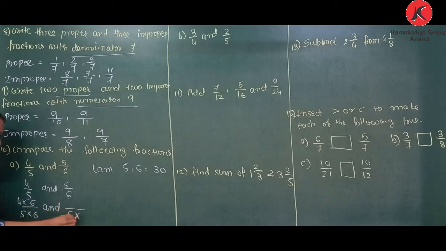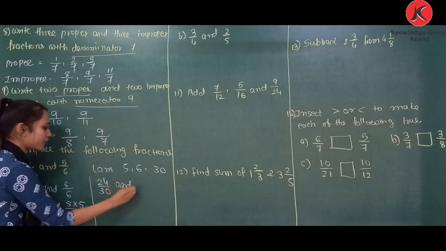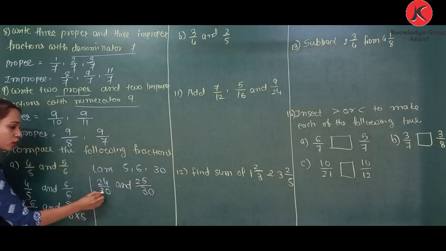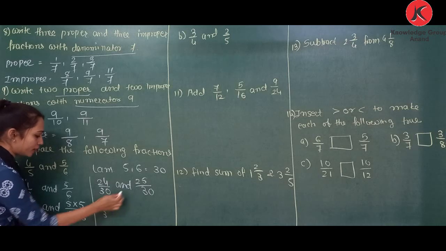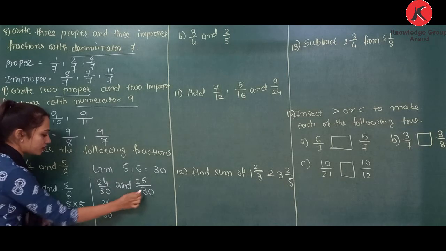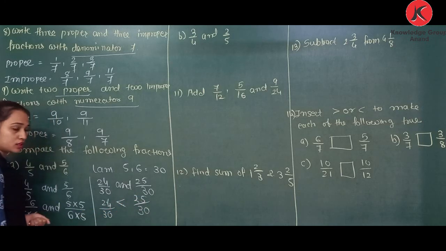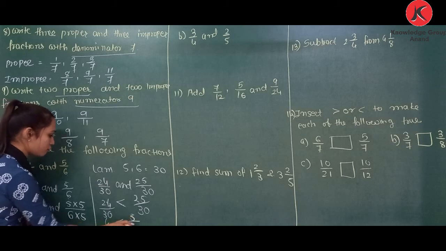To get 30 here we need to multiply 6 with 5, so the same number we should multiply in the numerator. Now 24 by 30 and 25 by 30. Now compare these two. Denominator is the same, so compare the numerator. 24 by 30 is less than 25 by 30. So that's why 4 by 5 is less than 5 by 6.